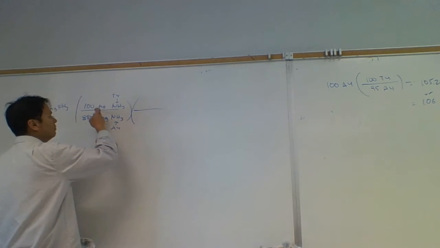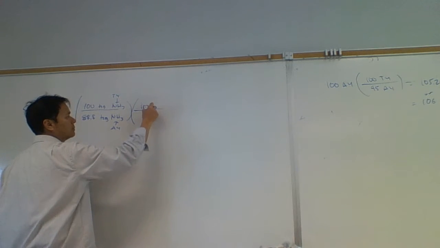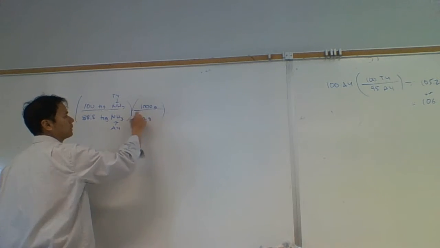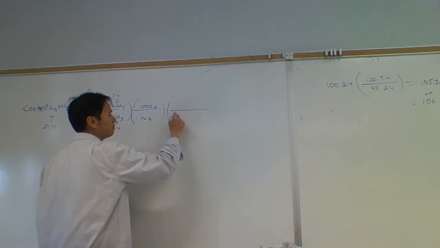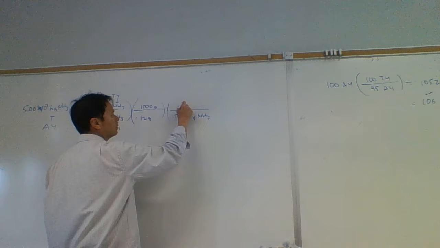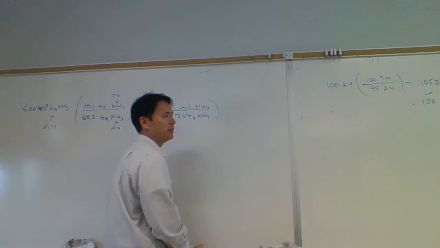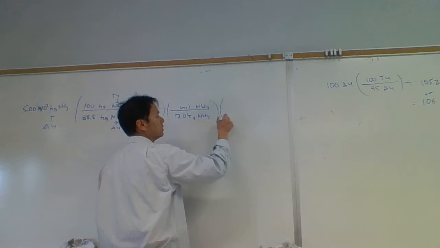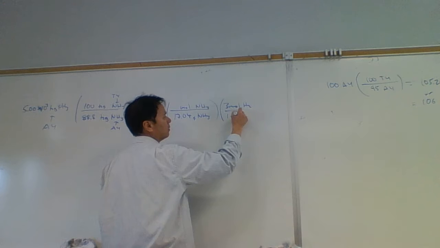All right, so we go from kilograms of ammonia to grams of ammonia. I'll just do 1,000 grams per kilogram here. And then from grams of ammonia to moles of ammonia, so it's 17.04 grams of ammonia per mole. And then they wanted to know how much hydrogen we need to start with. There are 3 moles of hydrogen for every 1 mole of ammonia.